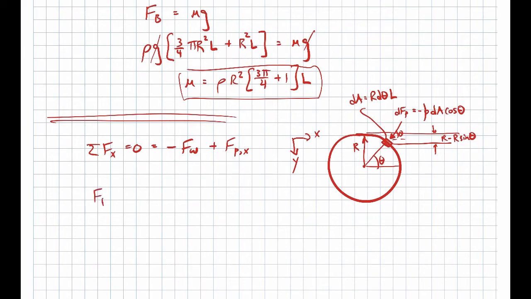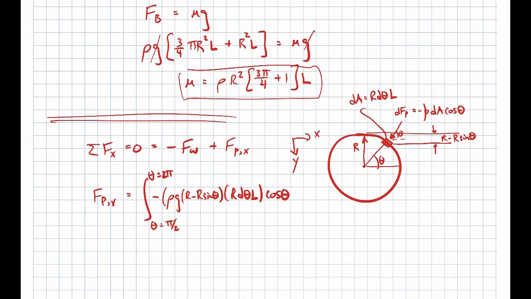So the pressure force in the x direction will be the integral as theta goes from pi over 2 to 2 pi of the pressure, which will be minus rho g (r minus r sine theta), times the area, which will be r d theta times L, times the cosine of theta. Okay, so this rho g (r minus r sine theta) is the pressure.